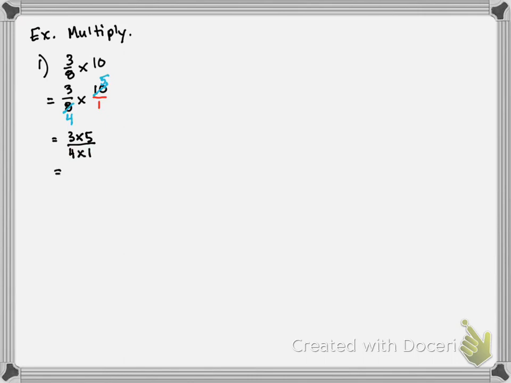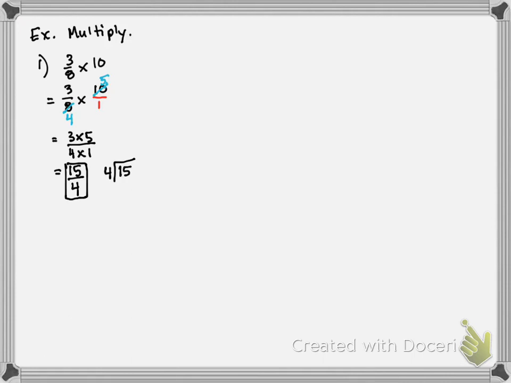Now this is kind of what I call a brain step. It's what your brain is doing to solve the problem. But I want to make sure that everybody understands where 15/4 comes from. Now, I'm perfectly good leaving the answer this way. However, if it's a word problem, then you are going to need to convert it to a mixed number.